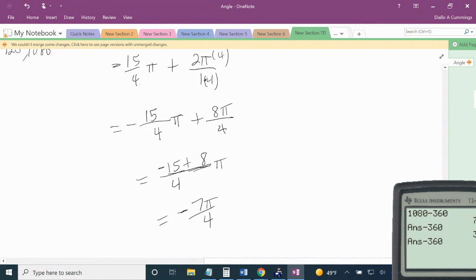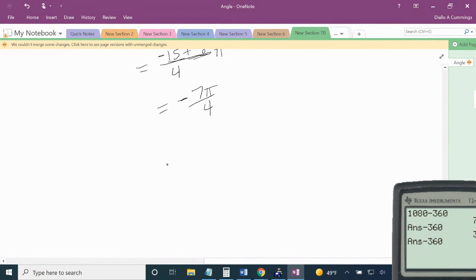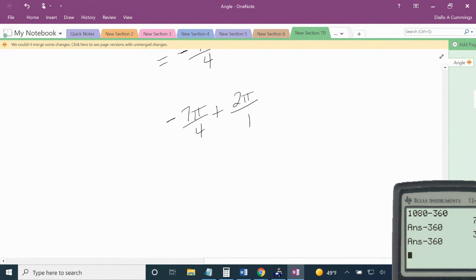Now I'm going to add 2 more pi, right, or 360 more degrees. So I have negative 7 pi over 4 plus 2 pi, right? And I'm going to write 2 pi as a fraction. So here again, I have to find a common denominator, which is 4.